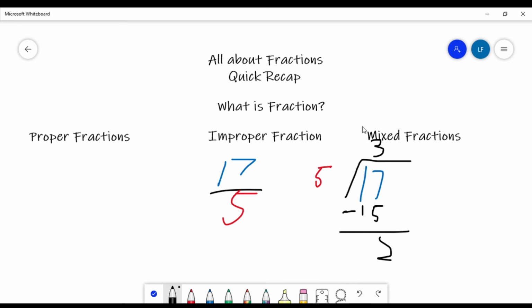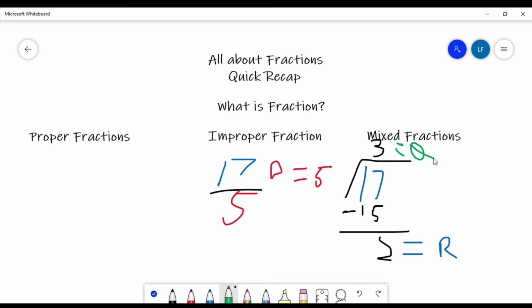I'll give you color hints. This is the remainder. Yes, this is the divisor. And this is the quotient.